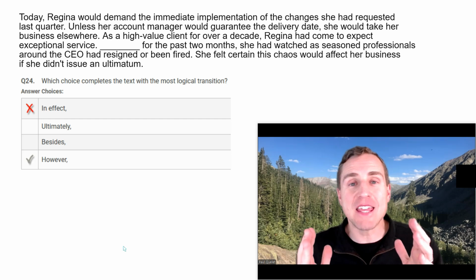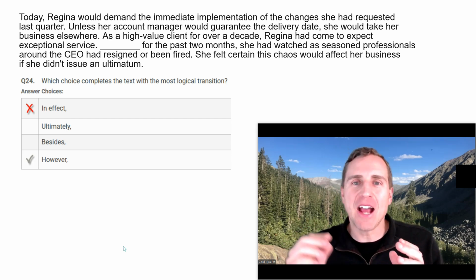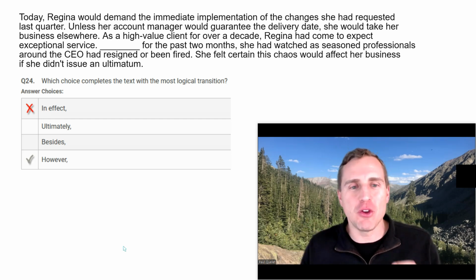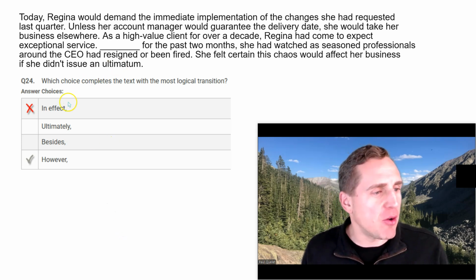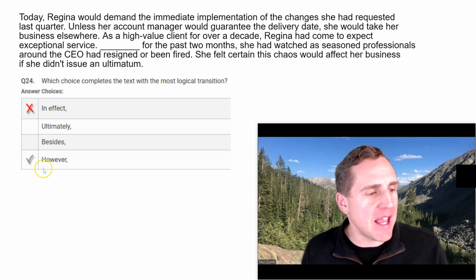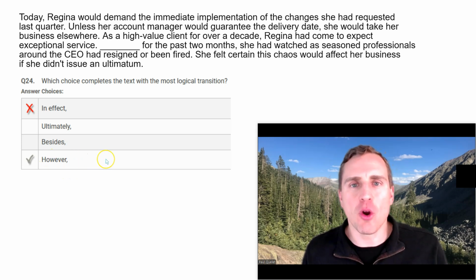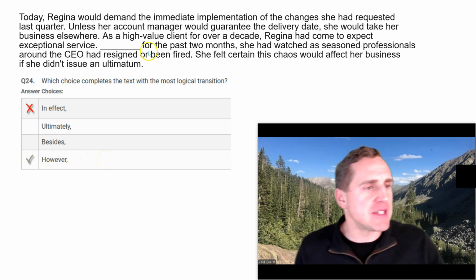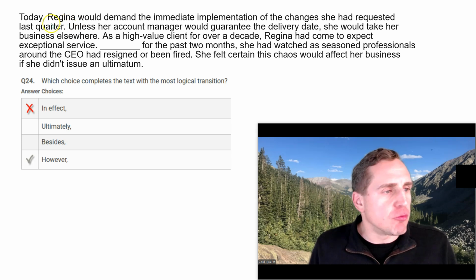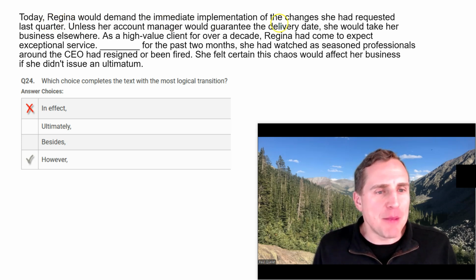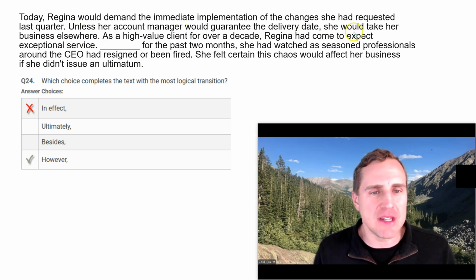So when I was about to select the answer on this one, I actually ended up getting it wrong after reviewing the exam. It turns out we should select the transition word of however. Why however? So let's think. Today, Regina would demand the immediate implementation of the changes she had requested last quarter. Unless her account manager would guarantee the delivery date, she would take her business elsewhere.